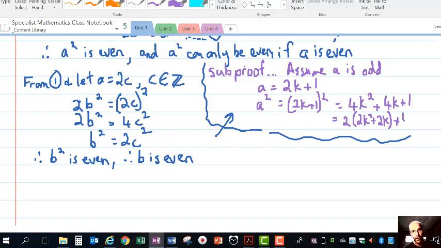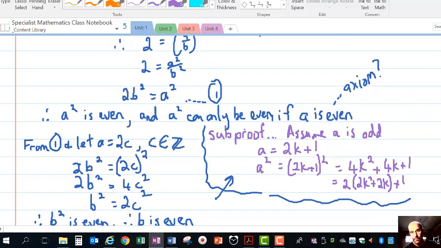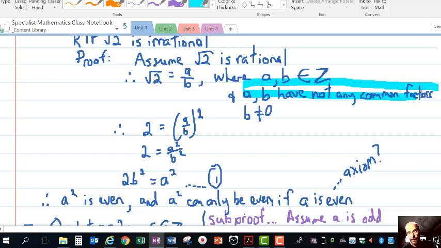Now let's compare a and b. a and b are both even. Now this contradicts what we said up here, namely they don't have any common factors.